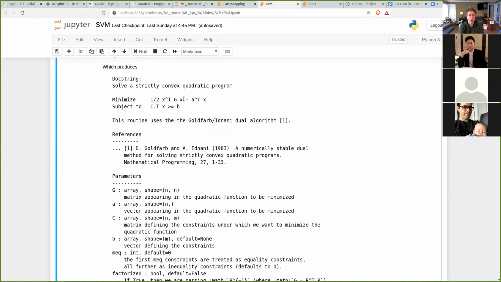This is just an awful ASCII version of what we were just describing. This X here is what we call W. I tried to make the notation match as much as possible. Capital G is what we called capital G. A is what we call A. For some reason, Quadprog prefers to think of the transpose here. I don't know why. It adds pointless complexity.